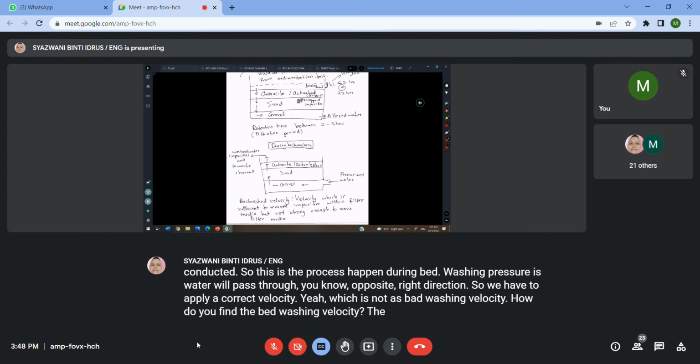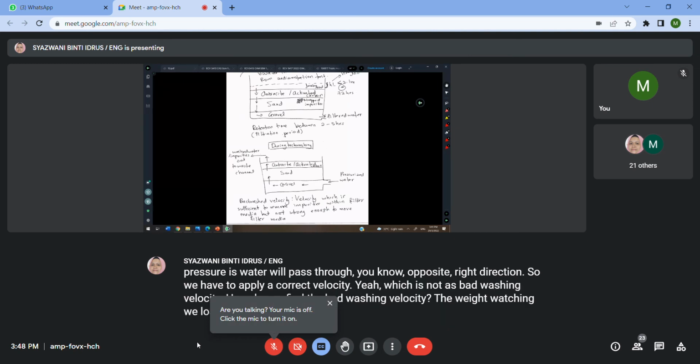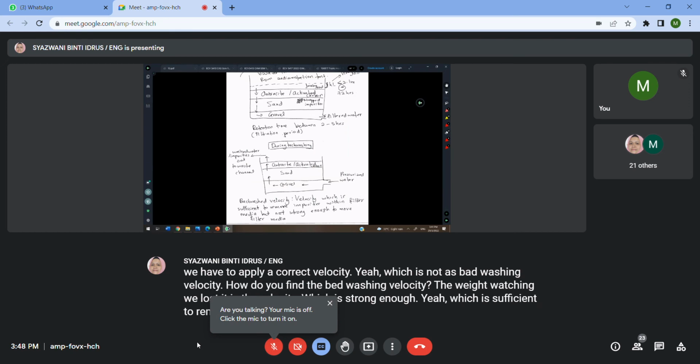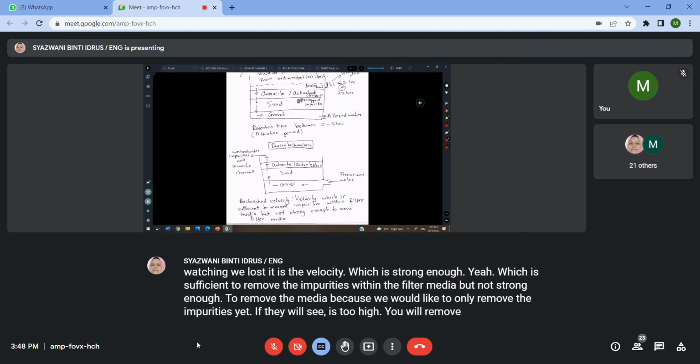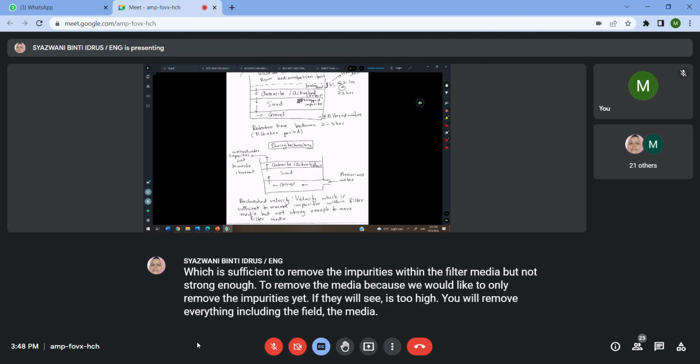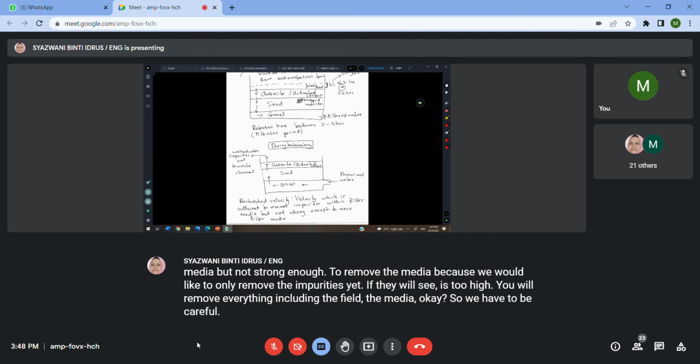It is the velocity which is strong enough to remove the impurities within the filter media, but not strong enough to remove the media, because we only want to remove the impurities. If the velocity is too high, it will remove everything, including the filter media. So we have to be careful when selecting the backwashing velocity.